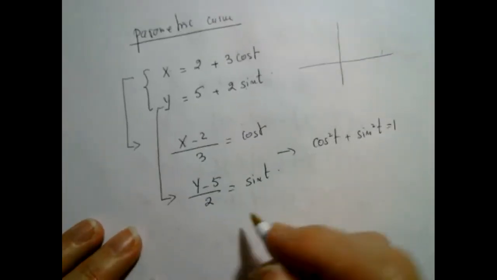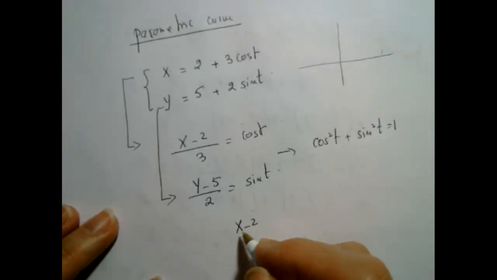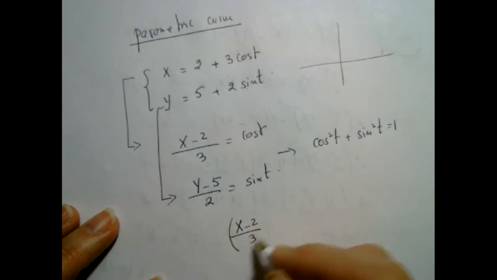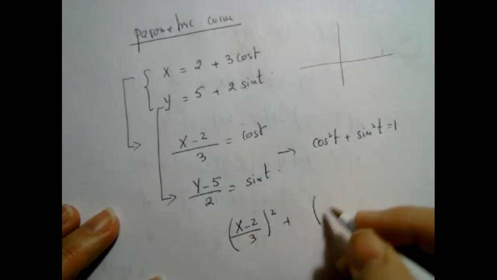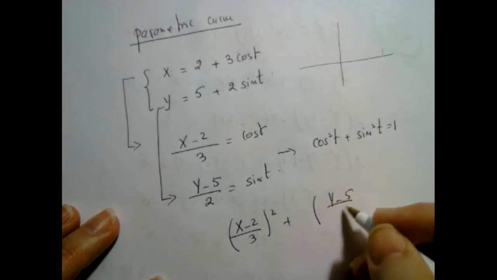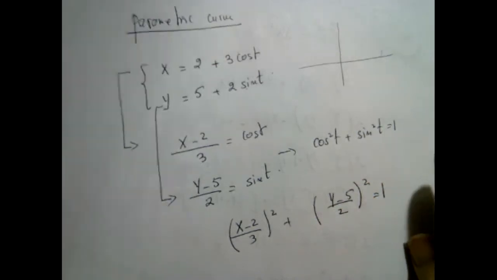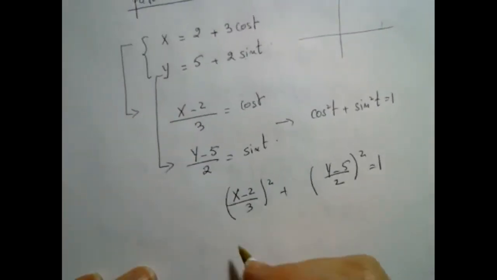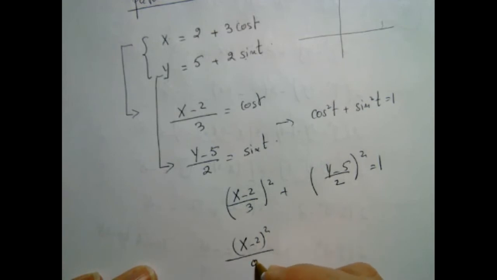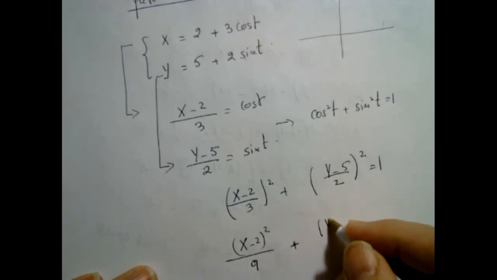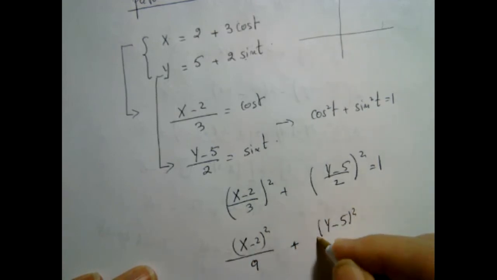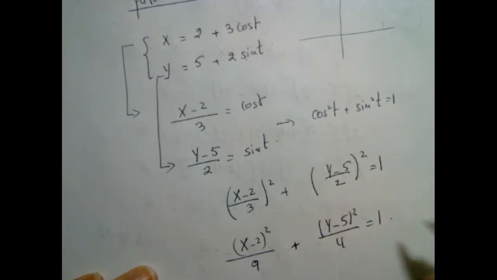So it means that if I take ((x minus 2) over 3) squared plus ((y minus 5) over 2) squared, we get 1. Now, if I do a little bit of algebra, I get (x minus 2) squared over 9 plus (y minus 5) squared over 4 equal to 1.